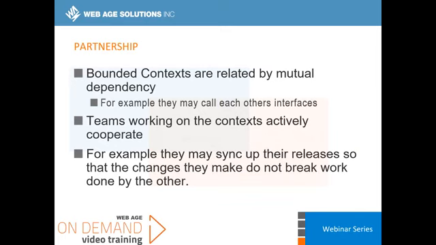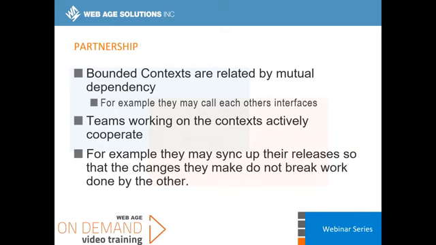They may call each other's interfaces, etc. If we've done our organization in the not prescribed but suggested manner, okay, then I have 2 different development teams, and they are each working on their own bounded context. But because of the heavy mutual dependency, they need to actively cooperate.